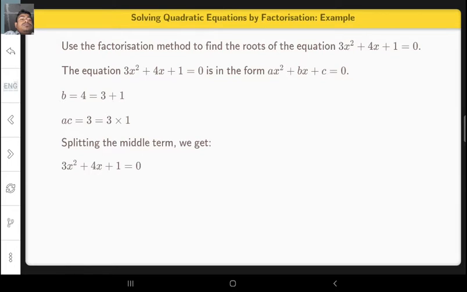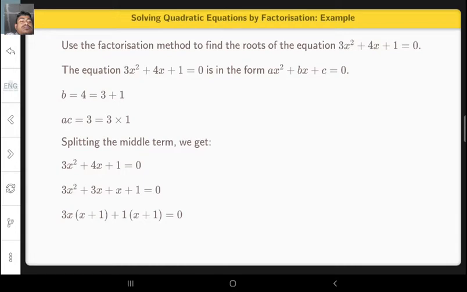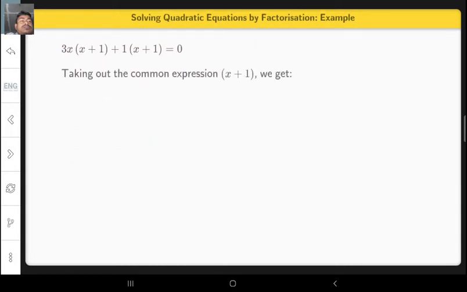3x squared plus 4x plus 1 is equal to 0. 3x squared plus 3x plus x plus 1 is equal to 0. It can further be simplified by grouping the terms as 3x into (x plus 1) plus 1 into (x plus 1) is equal to 0. Taking out the common expression x plus 1, we get (x plus 1) into (3x plus 1) is equal to 0.